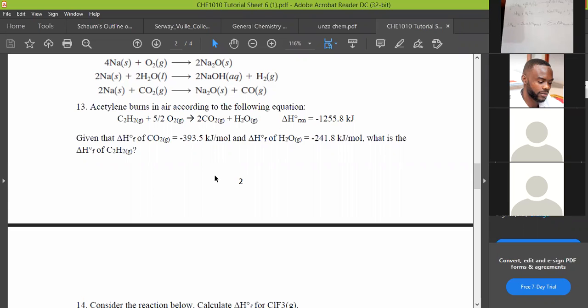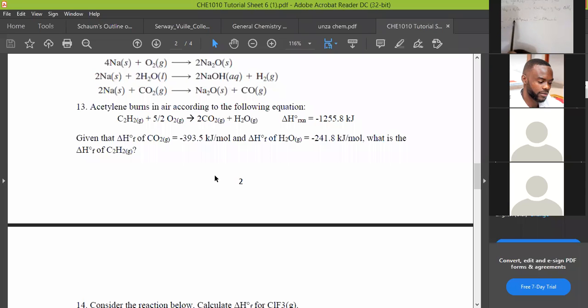Now, if you check, the standard enthalpy of the reaction has been given as negative 1255.8 kilojoules. So you're going to put it there, negative 1255.8 is equal to the sum of the standard enthalpy of formation of your products.